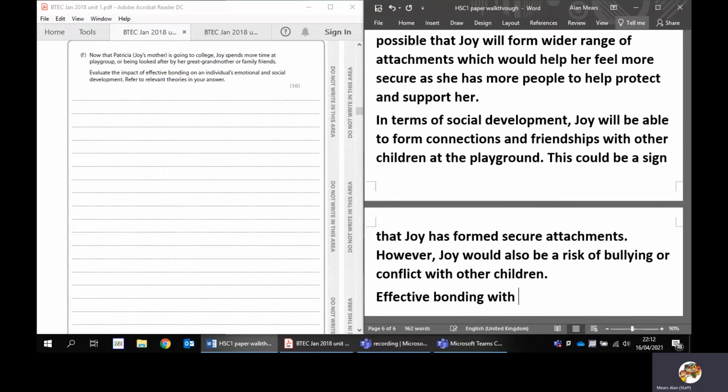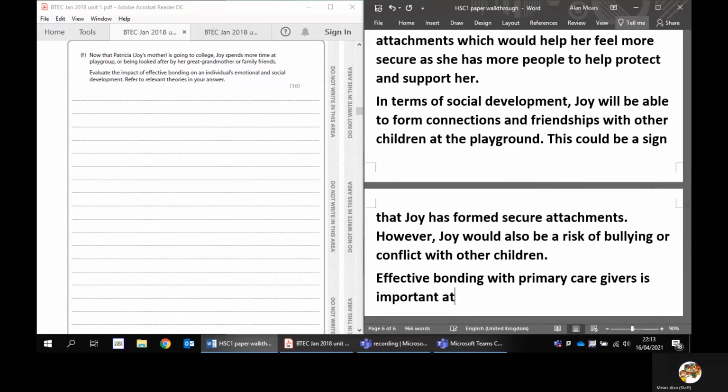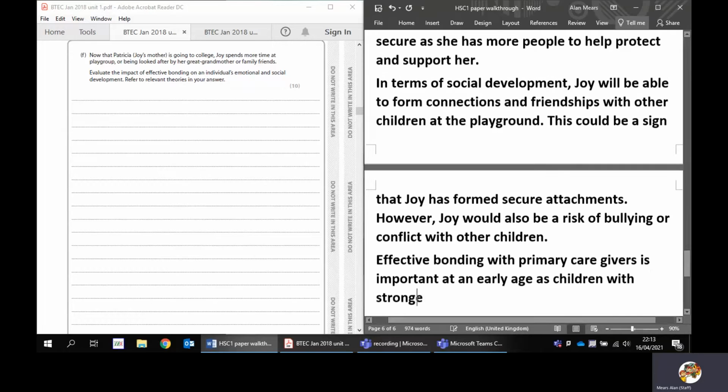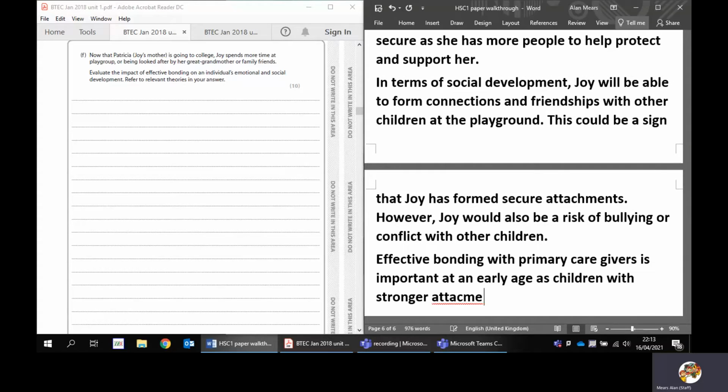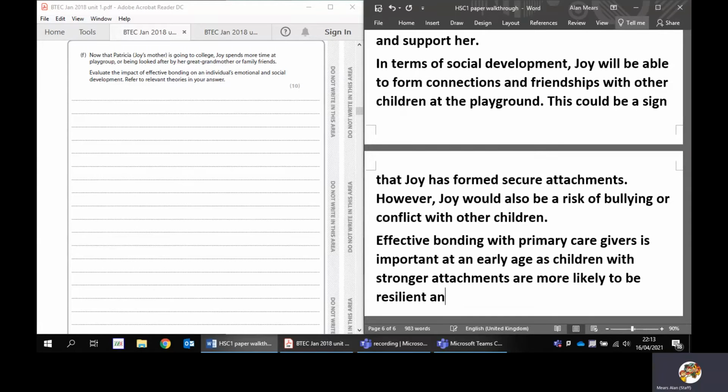other or with primary caregivers is important at an early age, as children with stronger attachments are more likely to be resilient and risk takers.